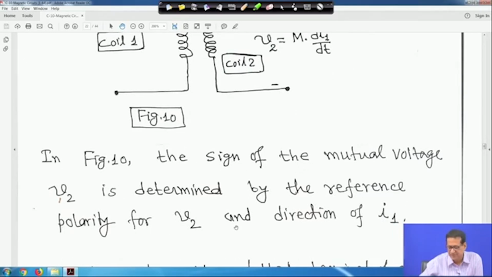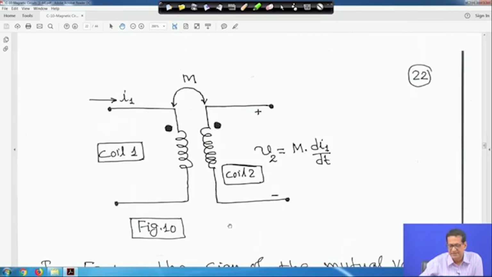Now, in figure 10, the sign of the mutual voltage V 2 is determined by the reference polarity for V 2 and the direction of I 1, right. In this case the current is entering the dot, and the reference polarity given is plus, and the dot is marked at the reference polarity plus. So, V 2 is equal to M into d I 1 upon dt, right.